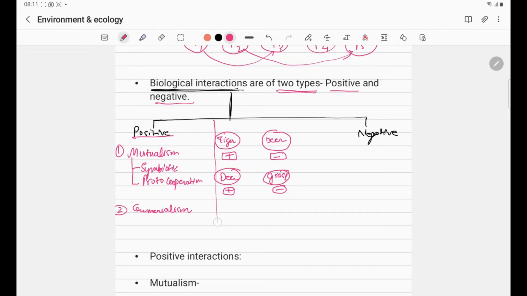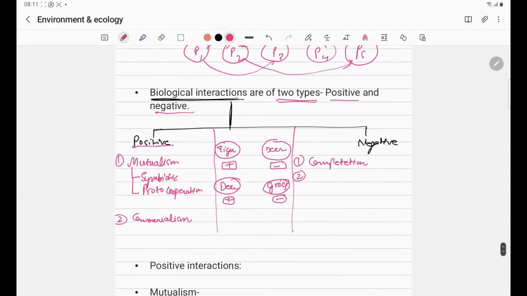In negative interactions we will first study competition, second predation, third amensalism, and the fourth one is parasitism.